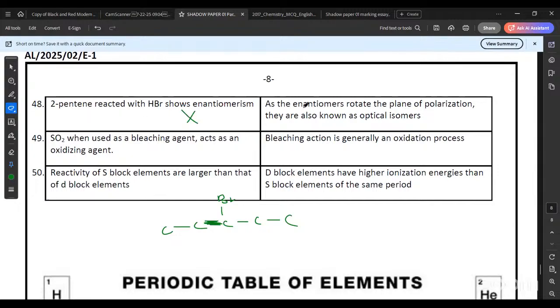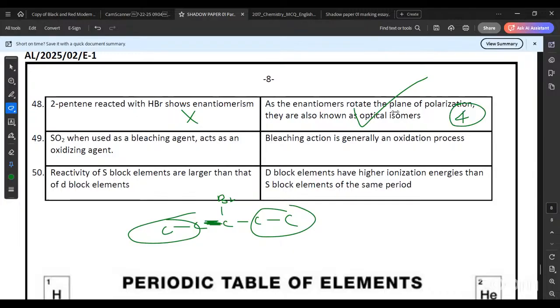That is wrong. Why? This group is the same, this group is the same, which means it doesn't show it. As the enantiomers rotate the plane of polarization, they are known as optical isomers. Yes. Answer 4.